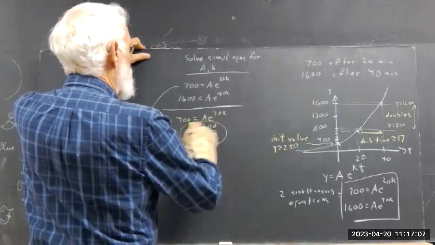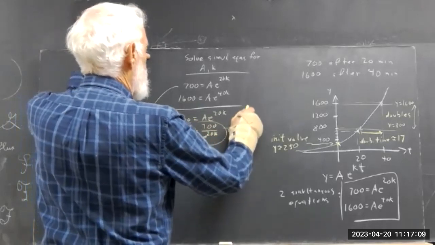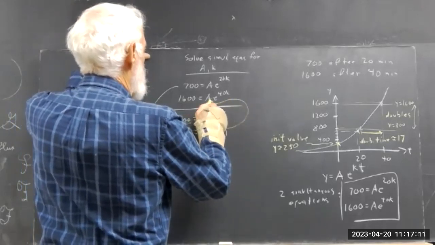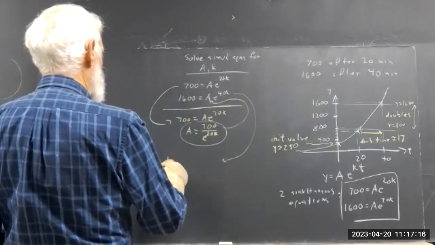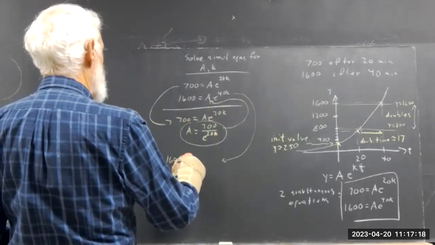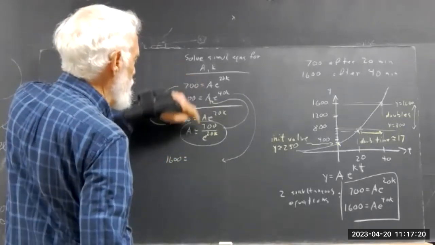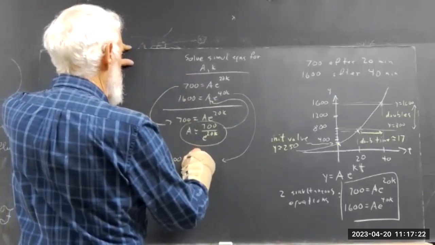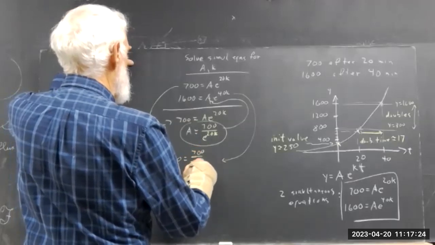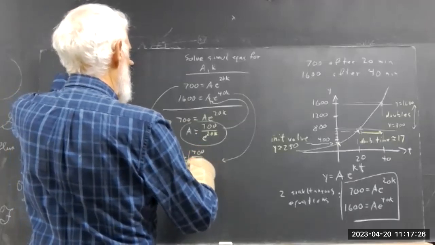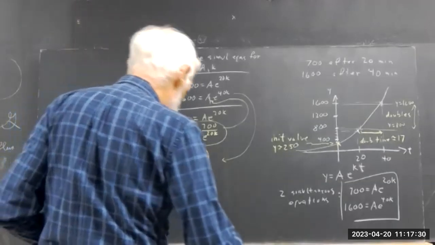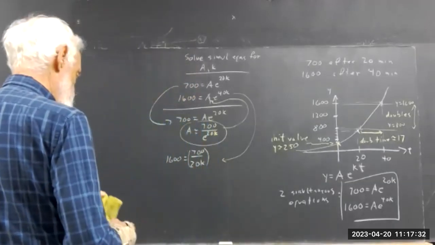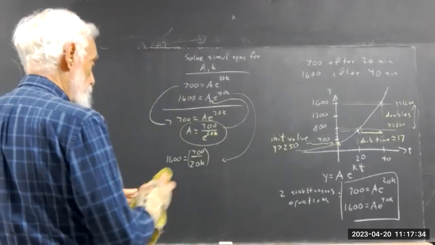And then we take that and plug it back into the second equation. And we get 1600 equals, well, a is now 700 over e to the 20k, times e to the 40k. We did one of these in the support course.